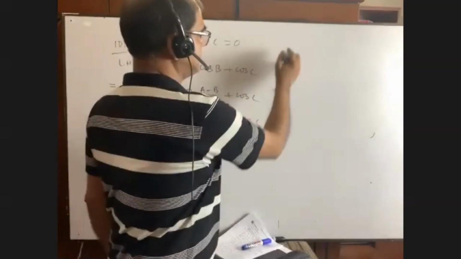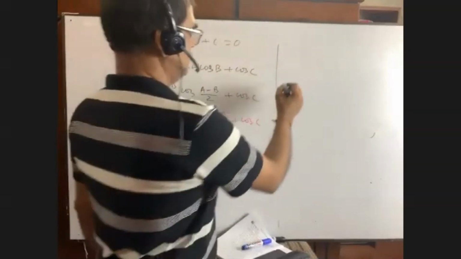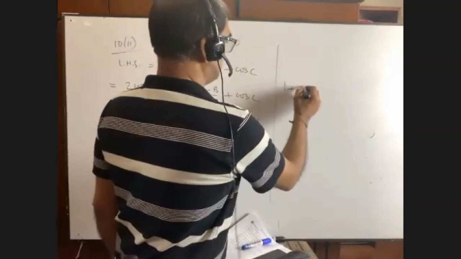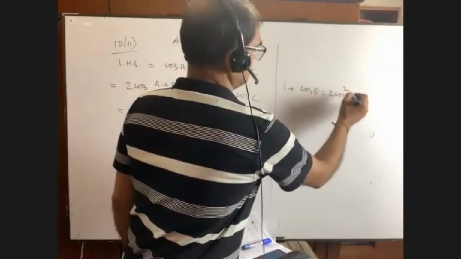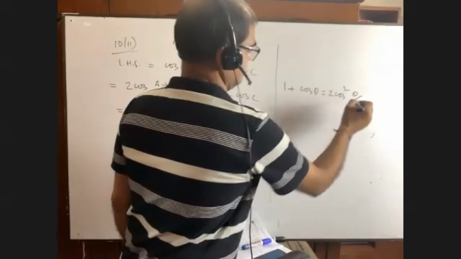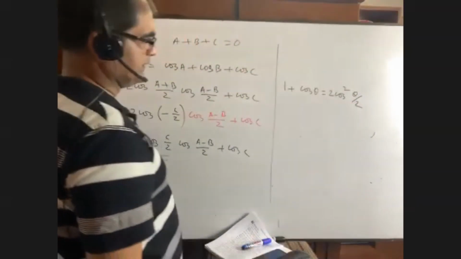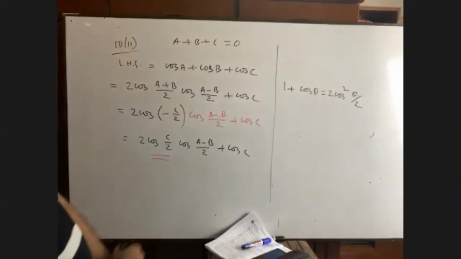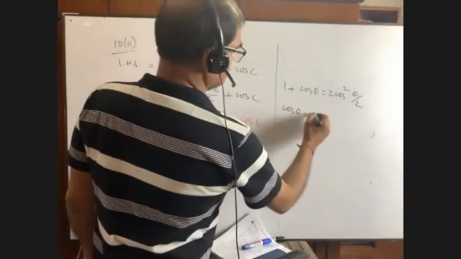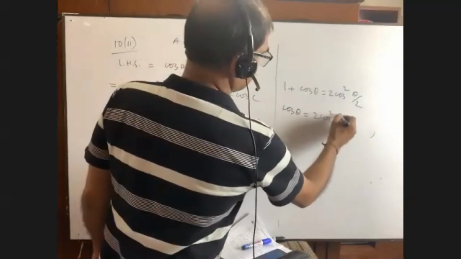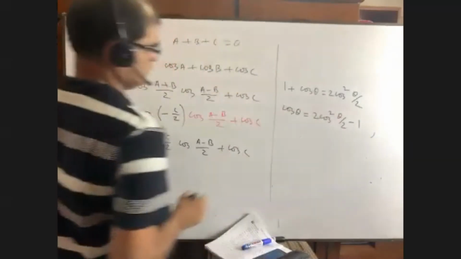We know that 1 plus cos theta is equal to 2 cos square theta by 2. Then cos theta equals 2 cos square theta by 2 minus 1.